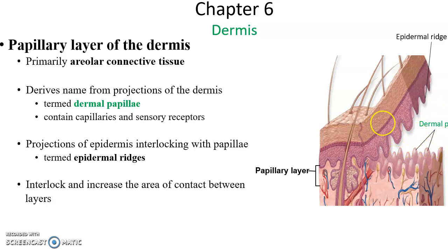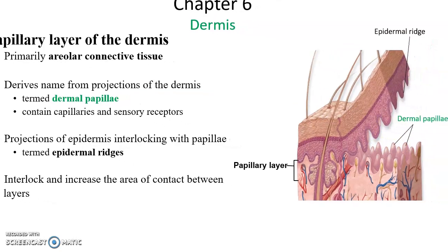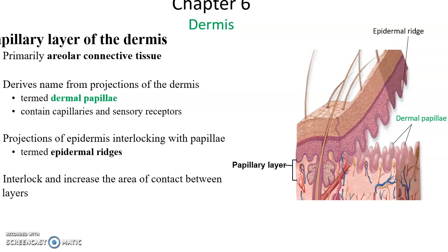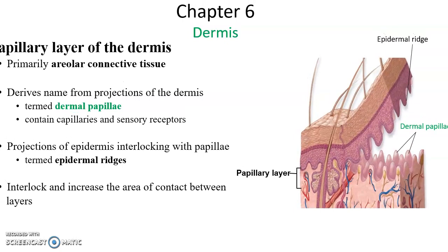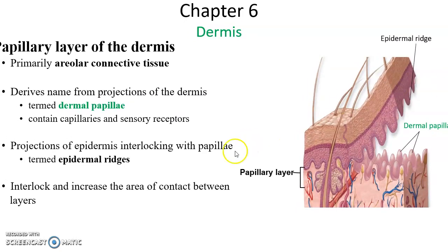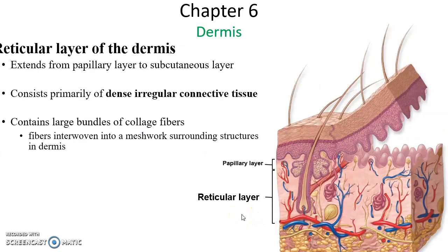They are important for keeping a strong connection between the epidermis and dermis because we do not want them to separate. If the epidermis separates from the dermis, you will develop blisters. And so it is very important. Dermal papillae also contain lots of blood capillaries to provide nutrients for the epidermis and also sensory receptors.